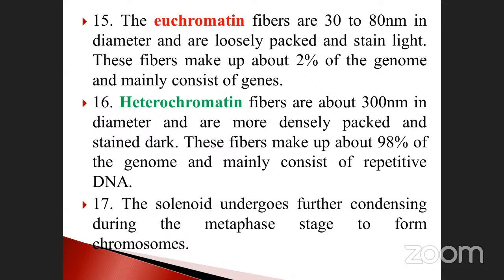Don't forget, my dear. Already we studied prophase, metaphase, anaphase, telophase. In prophase stage, the condensation takes place. The simple thread-like structure also undergoes condensation. After the condensation, it forms chromosome-like structures.